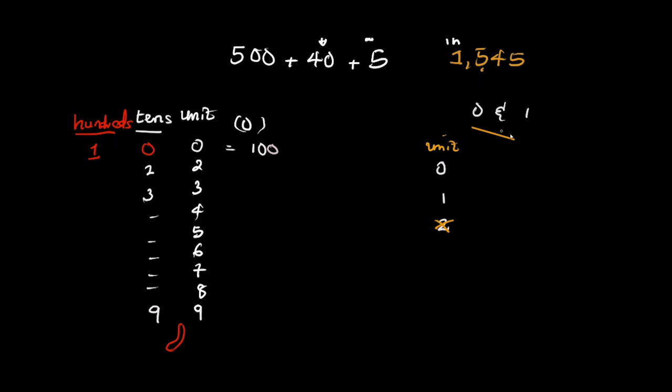What we know is we can only work with 0 and 1. So since there are 2 people, they have to create another placeholder for 2. If there are 2 people in the community now, they will write 1 under this 2. That is, there is one 2, and they will leave this one as 0.